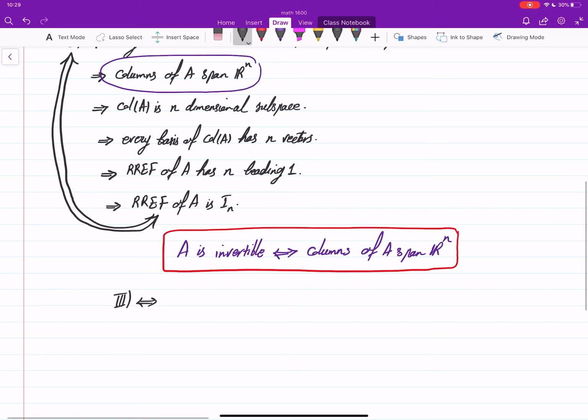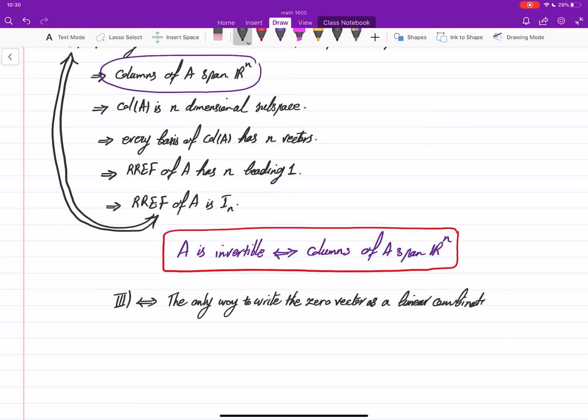It says that the only way to write the zero vector as a linear combination of the columns of A is the trivial way.